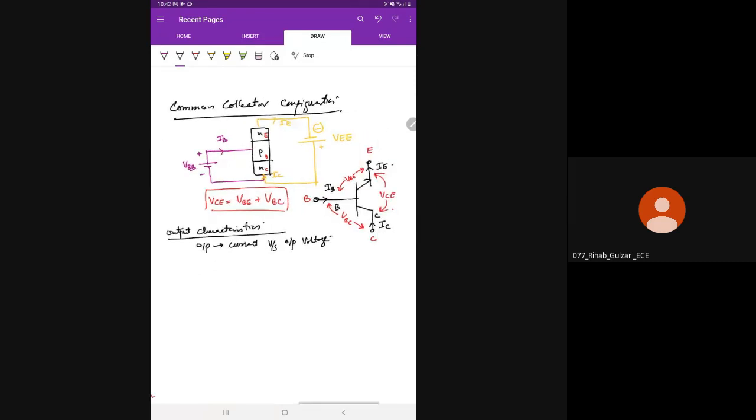Okay, so output current is IE. And what is output voltage? It is VCE. Output voltage is VCE, and this will be for various levels of input current, that is for various levels of IB.